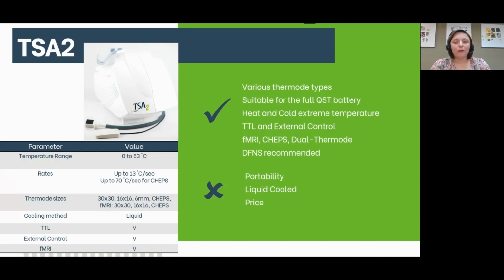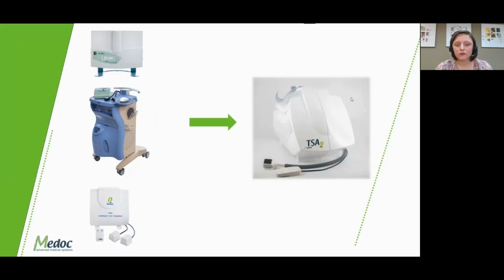Maybe those of you who have the pathway device standing next to them will call the TSA2 device portable because it's really much smaller. It is liquid cooled, so it's something to keep in mind, to fill the liquid from time to time. I already said that the process is quite simple. And of course, this device has the highest price of all our thermal devices, so it's also something to take into account budget-wise.